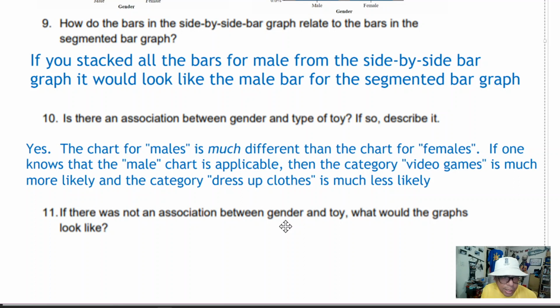Also, if they identified male, it's much more likely they identified dress-up clothes as their favorite toy rather than if they had identified as female. So there is an association between gender and toy type. We don't have enough information to know if that is a cause and effect association, but we know that there is some kind of association.